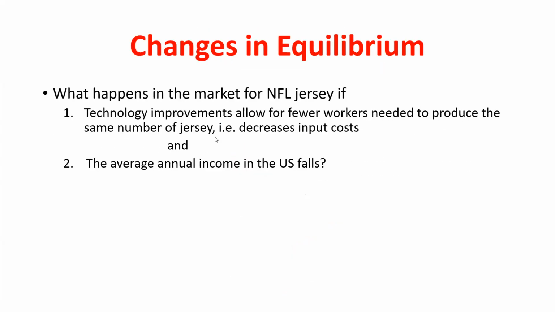So what if we have those two changes occur simultaneously, right? So the first one we had, I believe, was a demand decrease, and the second thing we had was a supply increase, right? Well, it gets a little tricky when we have something like that. So go through here. Let's just go to change the black.